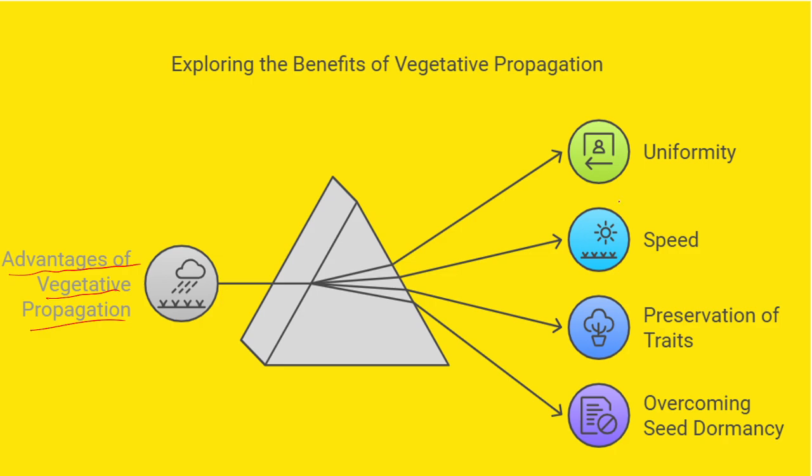That means uniformity. Vegetative propagation follows uniformity. The new plant and parent plant are both the same, genetically the same and morphologically the same. This is the most important thing for vegetative propagation.